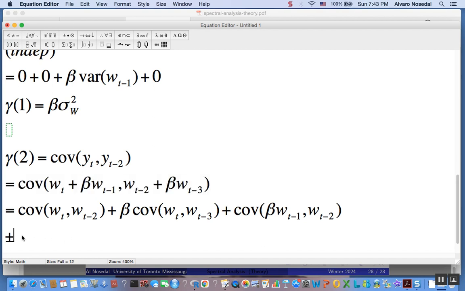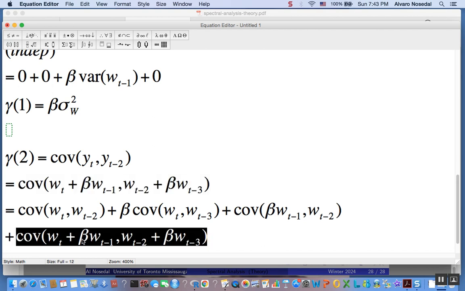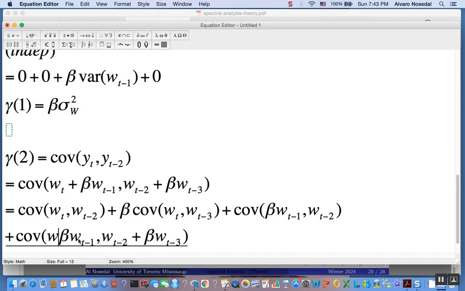So let me copy paste this, modify accordingly, and then factor out that beta times beta, which is beta squared. So here we are.